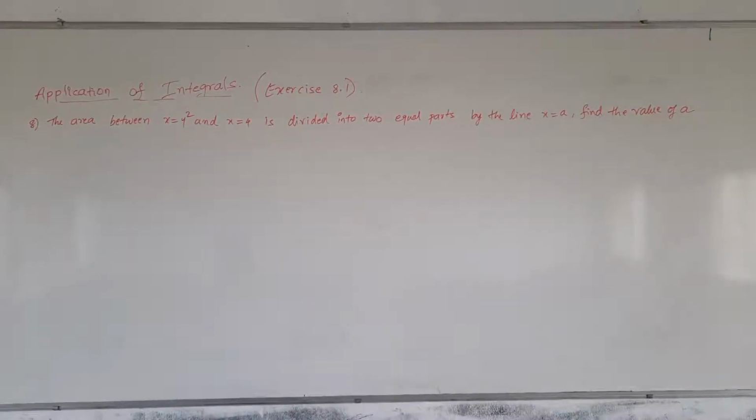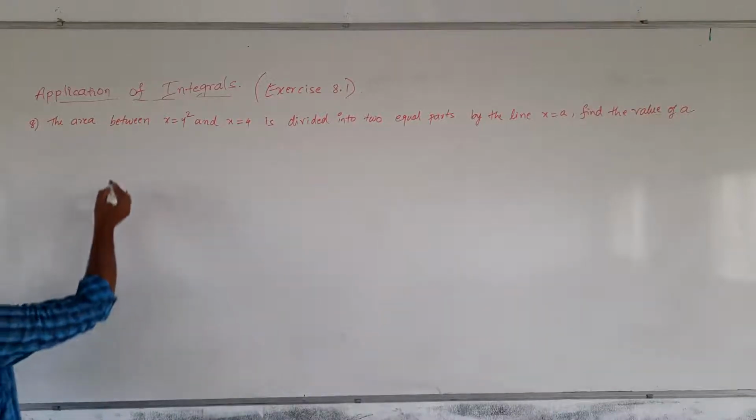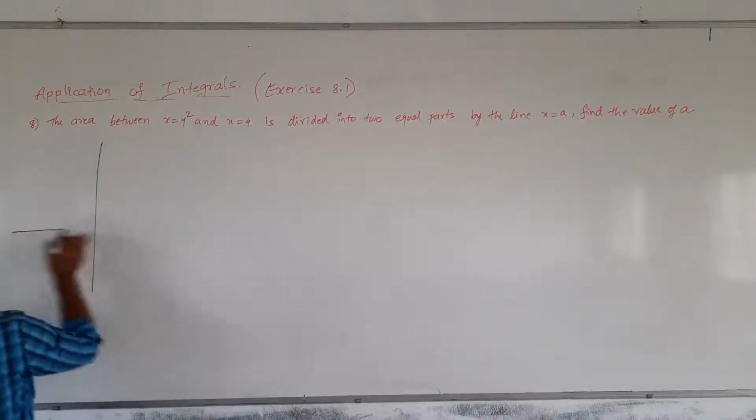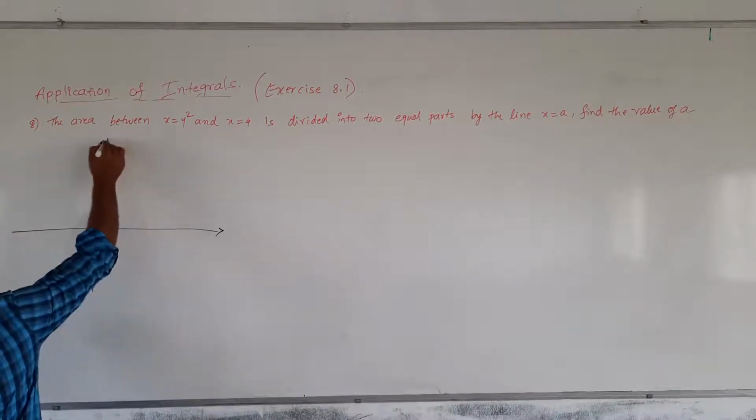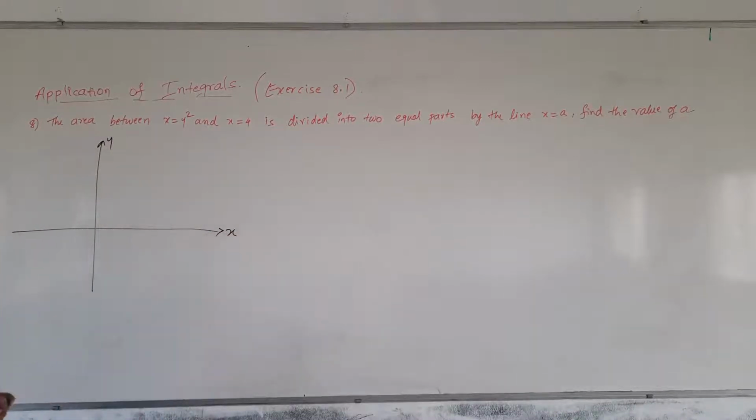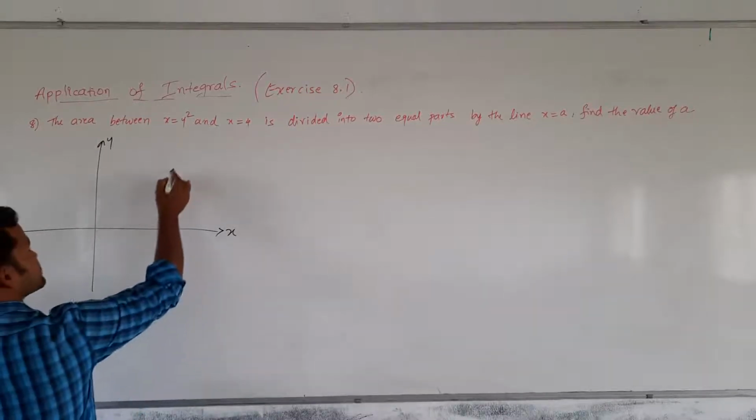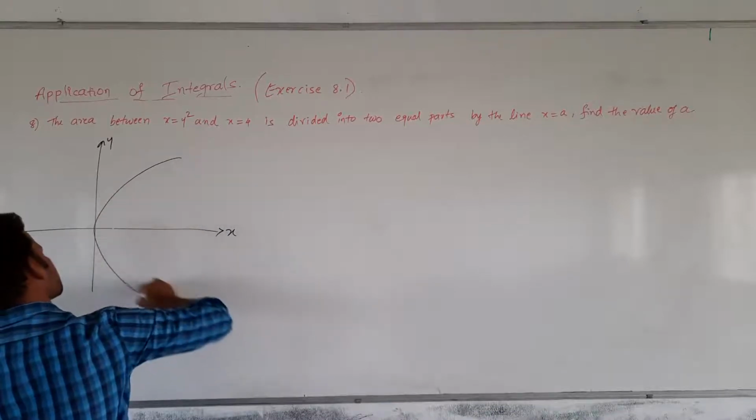Yes, question number 8. The area between x is equal to y square. Let us draw the graph of the curves given here. Y axis, x axis. X is equal to y square will be a parabola symmetric with respect to x axis.